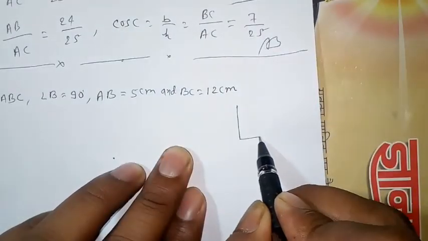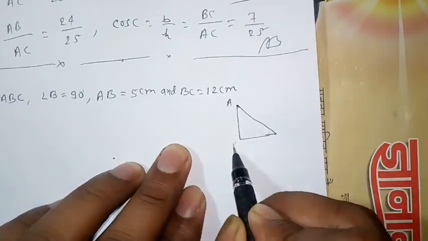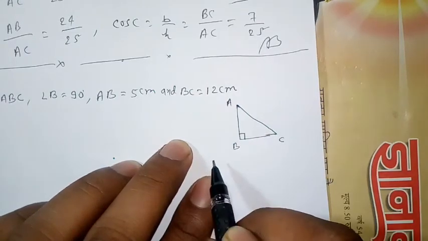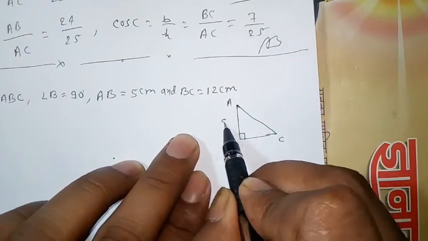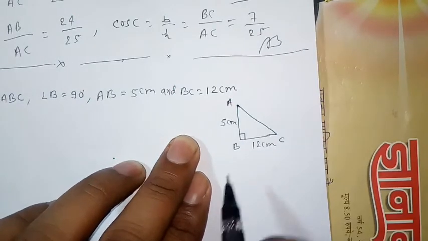Draw a triangle ABC. B is 90 degree. AB is equal to 5 centimeter. BC is equal to 12 centimeter.